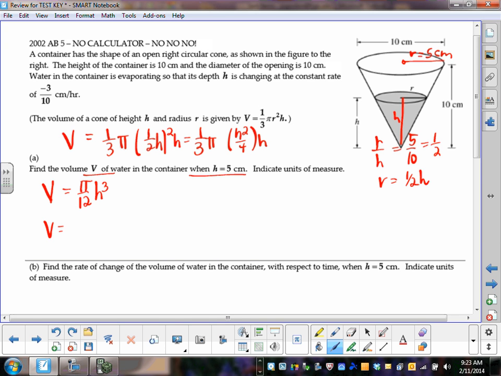So the volume is pi over 12, 5 cubed, or 125 pi over 12. Have to use the correct units of measure, and so since we have centimeters for the height, we have centimeters cubed for the volume.